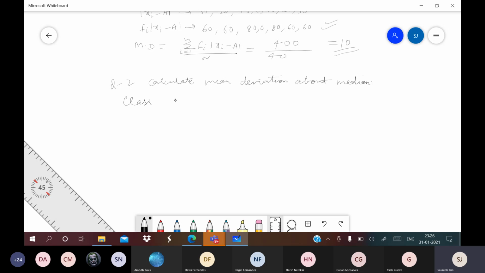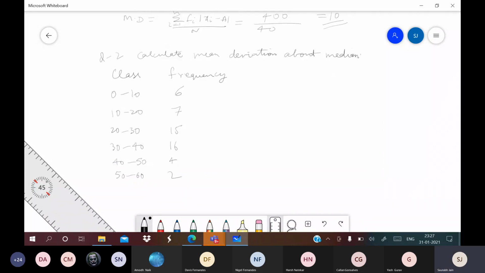This is class and this is frequency. 0 to 10, 10 to 20, 20 to 30, 30 to 40, 40 to 50, 50 to 60. And frequency is 6, 7, 15, 16, 4 and 2. This is last question. Try this.